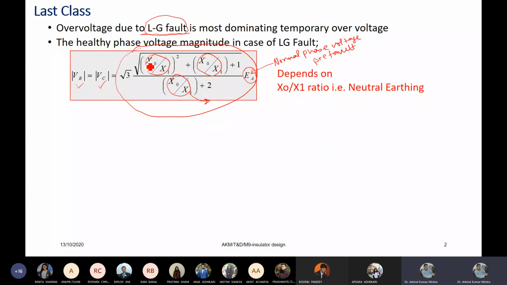And this x naught, also known as zero sequence, is basically the combination of the positive sequence as well as the neutral condition. So the zero sequence impedance of any electrical device is dictated by its neutral grounding. That means when we say that x naught is higher, it means neutral impedance is also higher.